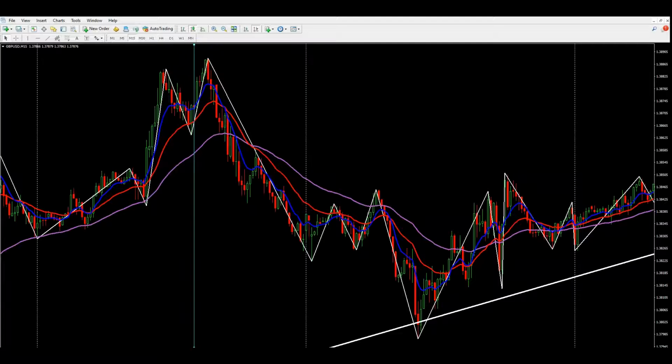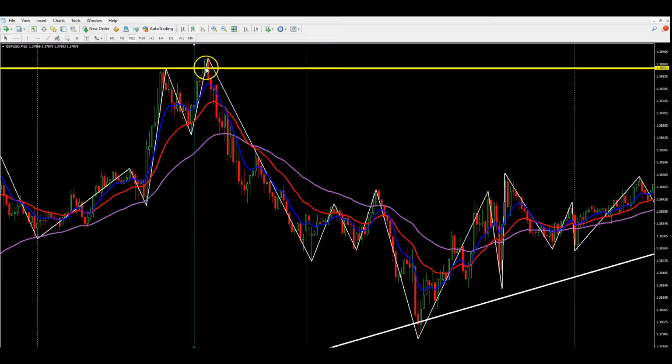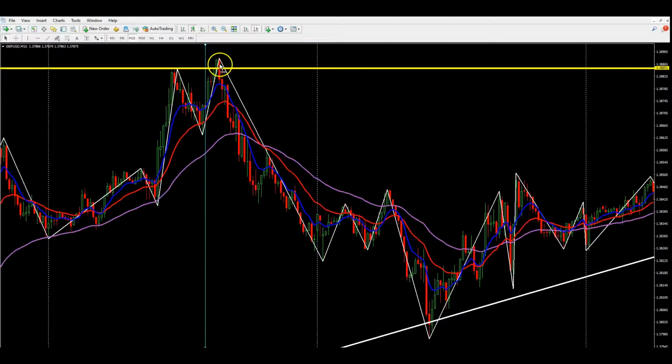You never want to buy in this area here. You never want to buy up here. You want to wait, because you're preparing to sell right here.